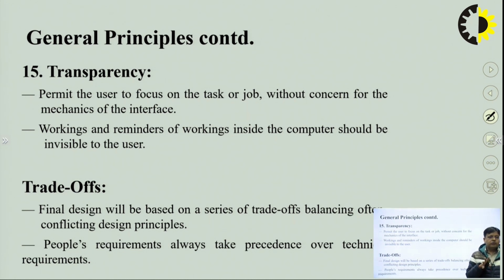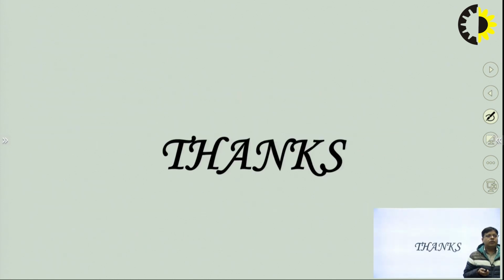So user-centric design is the most prominent, from the designer's point of view and the developer's point of view. So these basic principles and guidelines are for the designers to follow to achieve better usability and better functional usability of the system, right? Thank you.